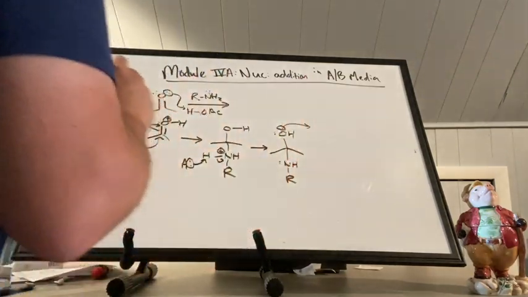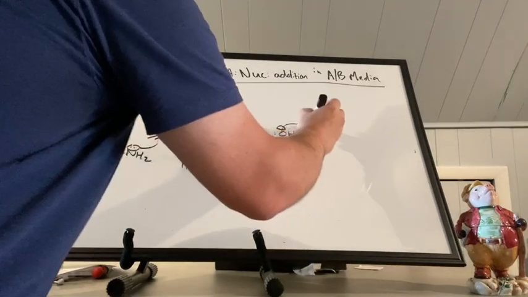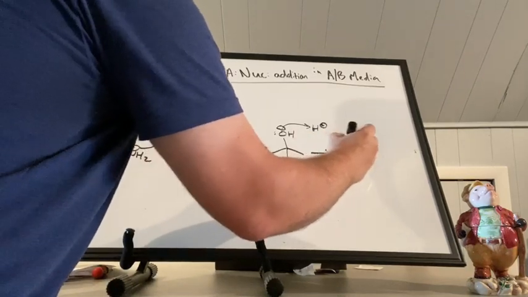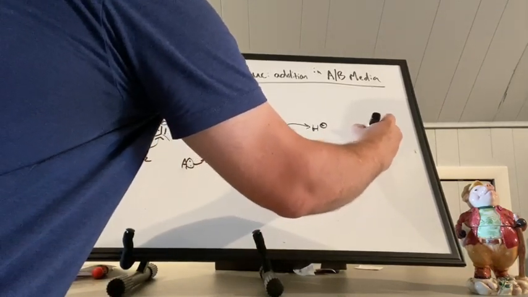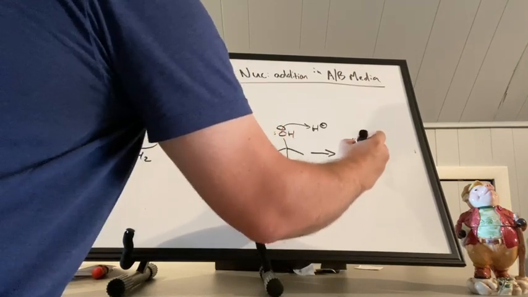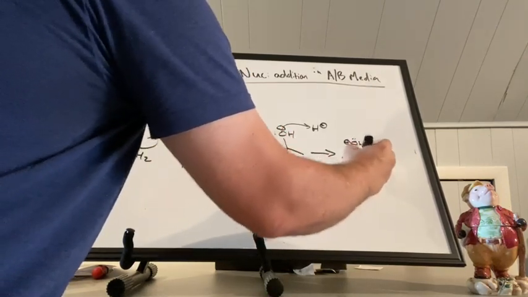So this OH group, which is not going to be a good leaving group until it picks up another hydrogen. So now that's going to be a positively charged species.